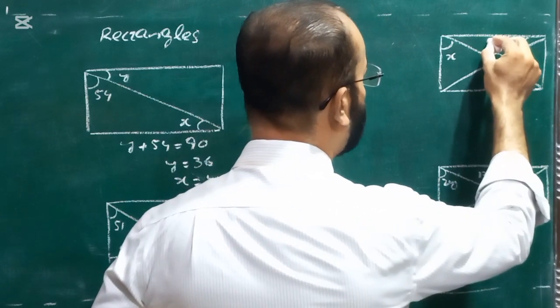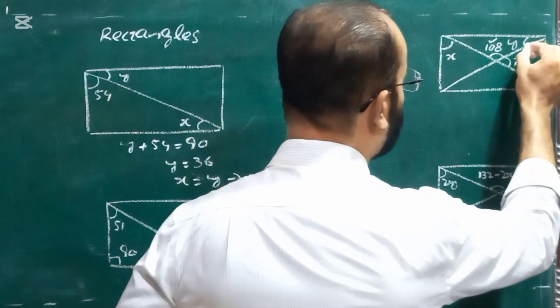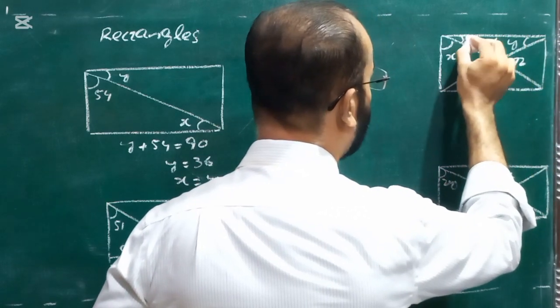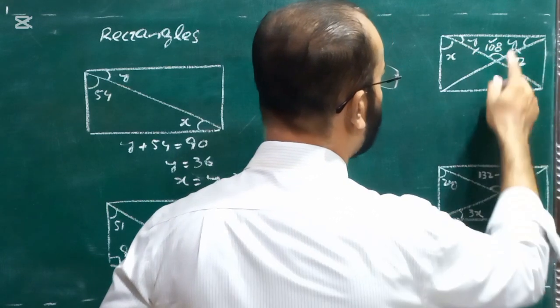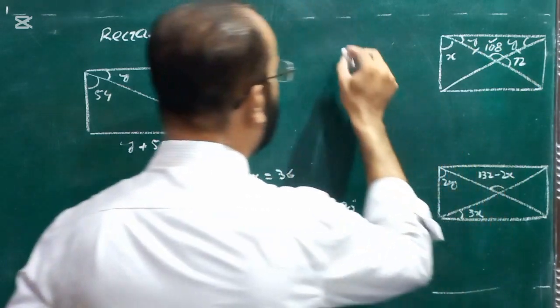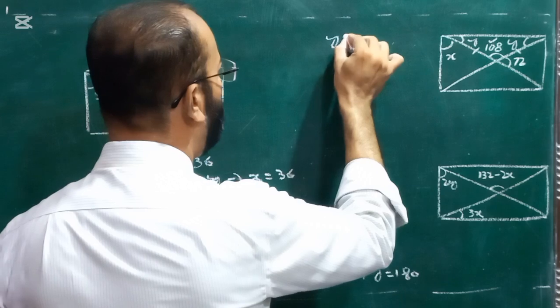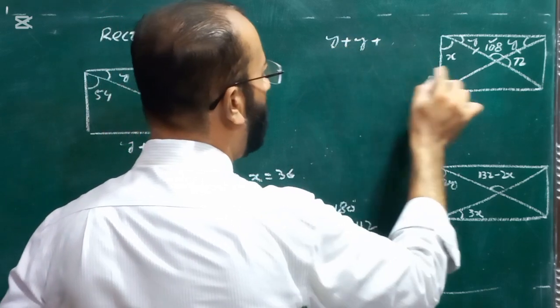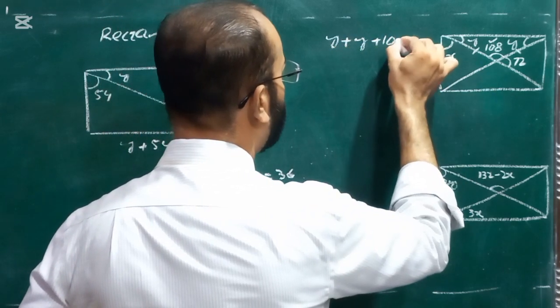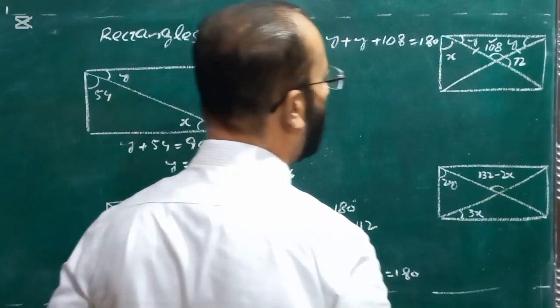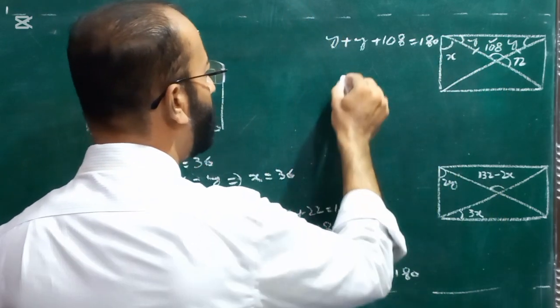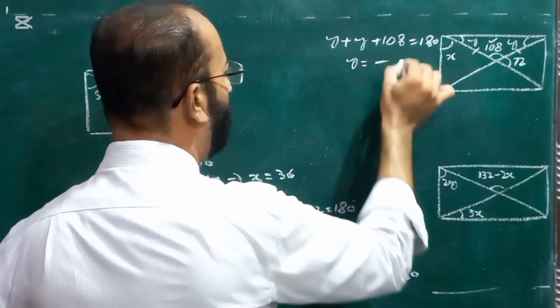And if you come into the same triangle, if this angle is y, this angle will also be y, because this is an isosceles triangle, so their base angles are equal. So it means y plus 108 should be equal to 180 degrees, because the sum of the angles of a triangle makes 180 degrees. So from here, y will be solved.